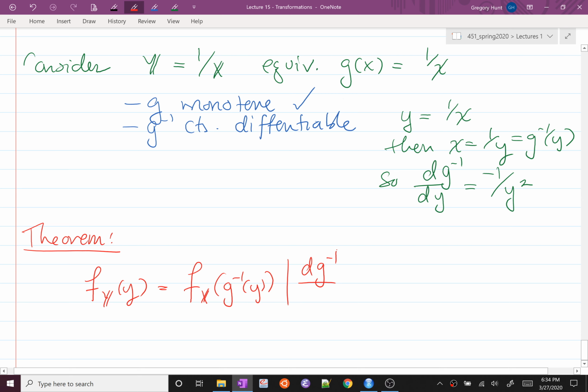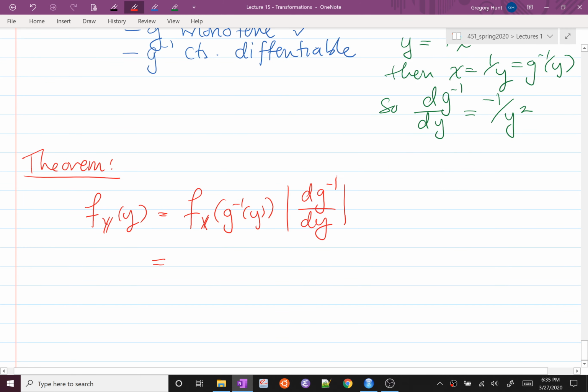And we now have all the parts here. Let's just write this out in a couple steps. g inverse of y is 1 over y. The derivative of g inverse is negative 1 over y squared, with absolute value bars.